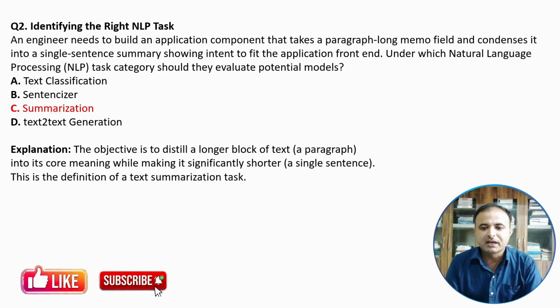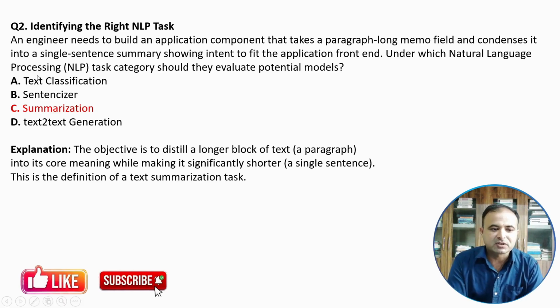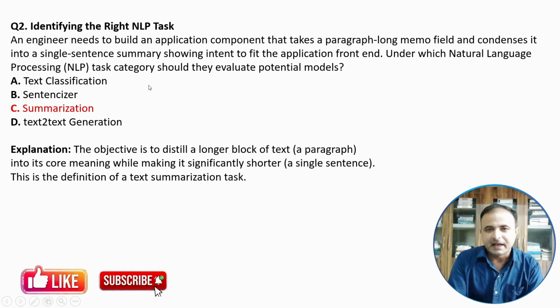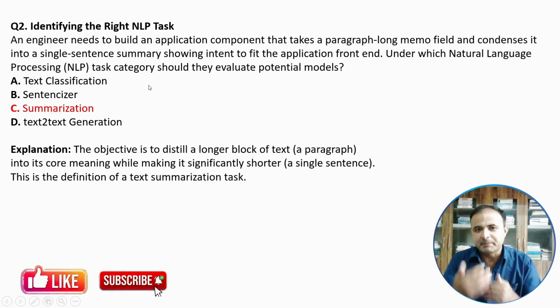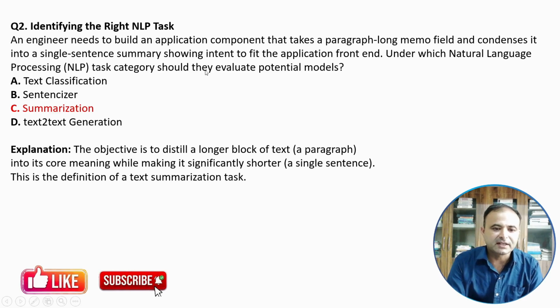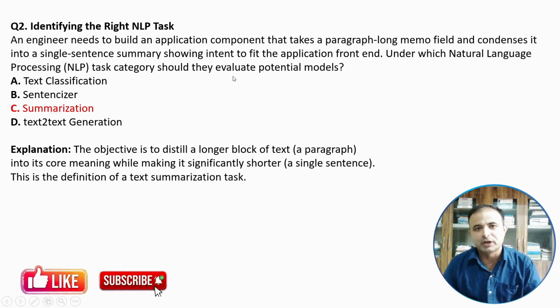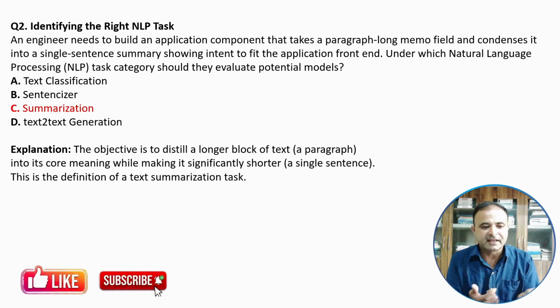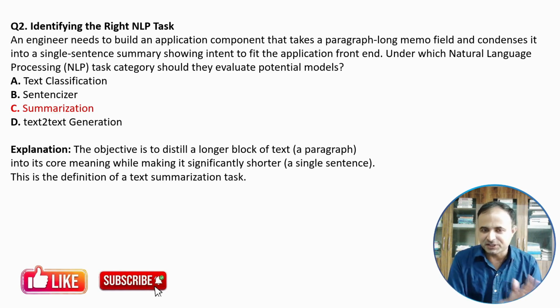Under natural language processing, NLP, we are familiar with NLTK, stemming, lemmatization, and sentiment analysis. Which task category should they evaluate for potential models? The useful one is summarization. You are also familiar with text classification and sentiment analysis, but this is not word to text. So here the correct answer is summarization.